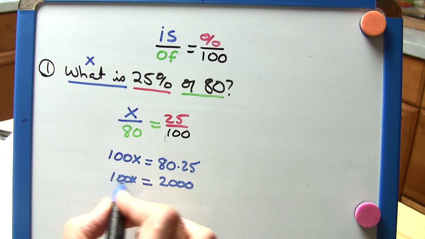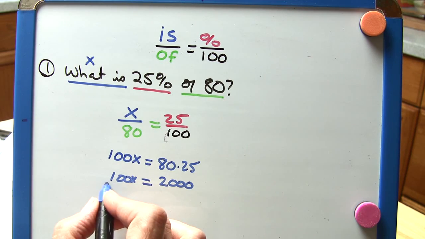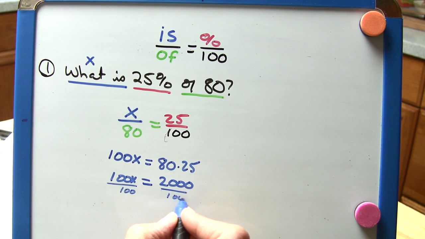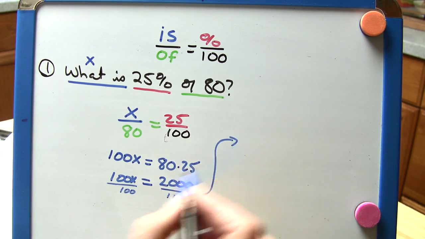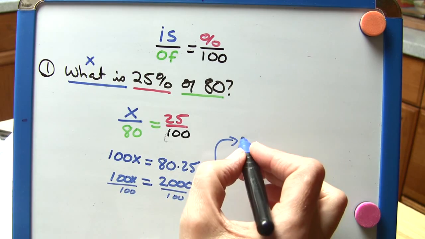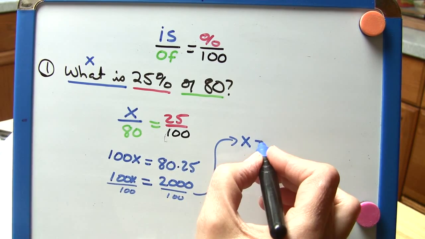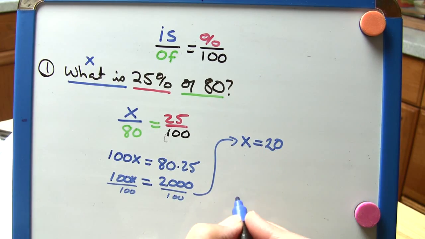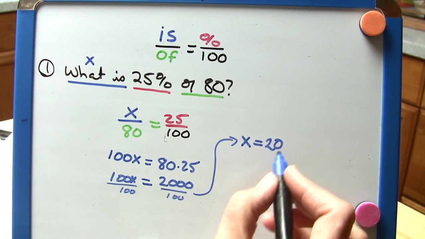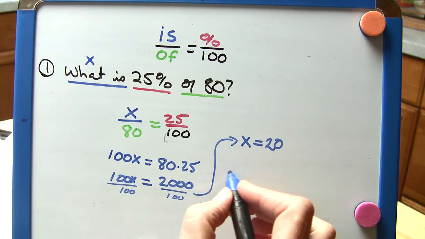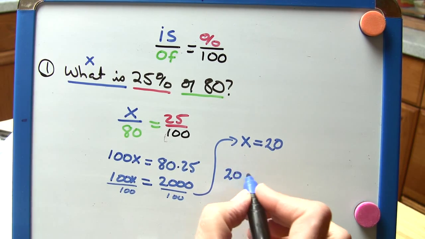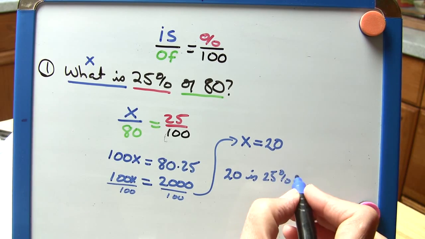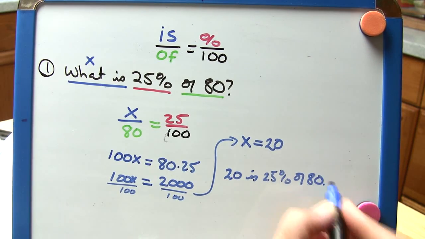Let's clear this 100 away from that x, and to do so we're going to divide both sides by 100. So 100x divided by 100 is simply x. And 2,000 divided by 100 is 20. So x equals 20. We could, if we needed to write this as a sentence, say 20 is 25% of 80.